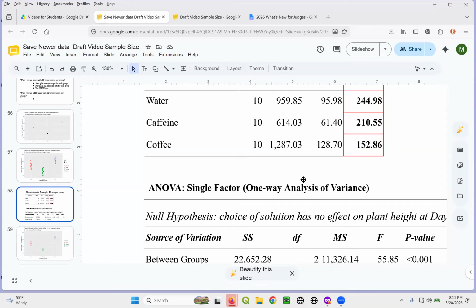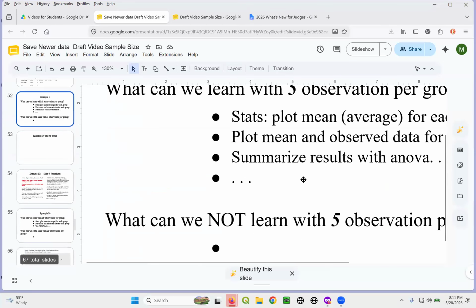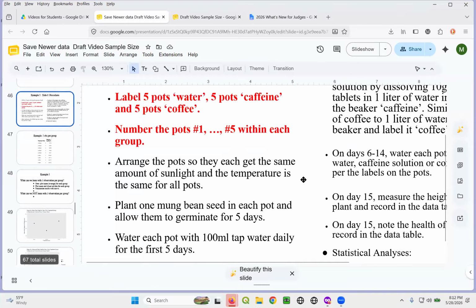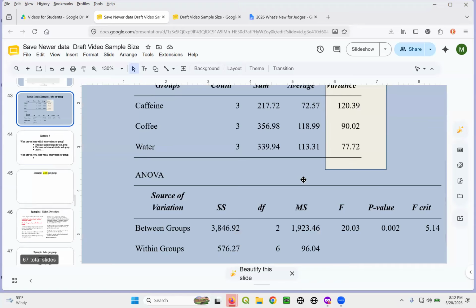Yes, I know the distribution of that F statistic also changes, but 55, well, I guess 47, not as much as I thought. 20.